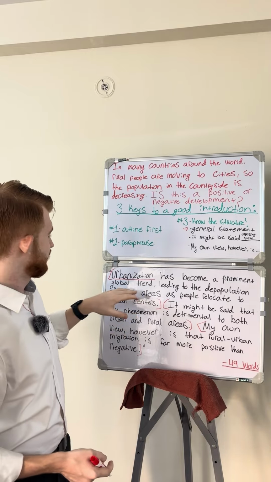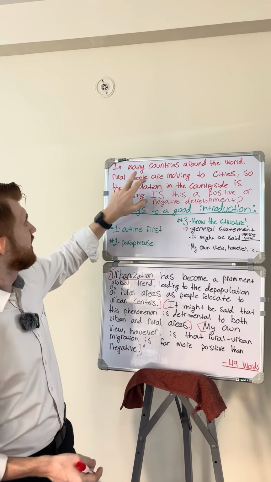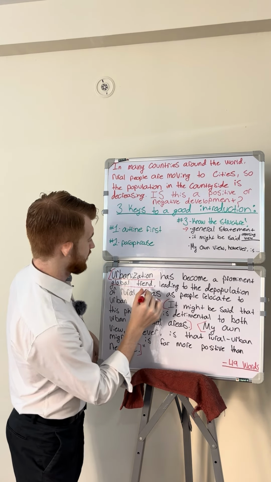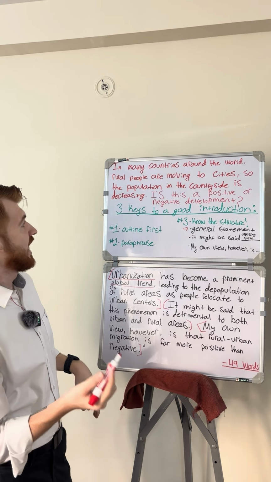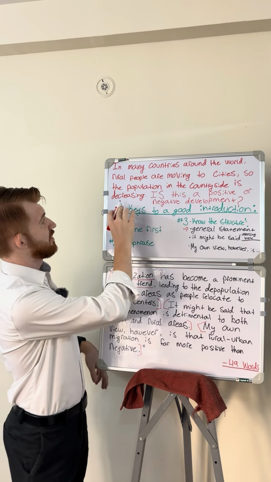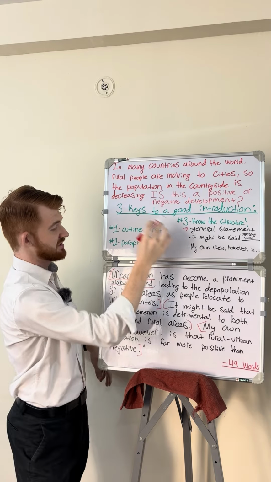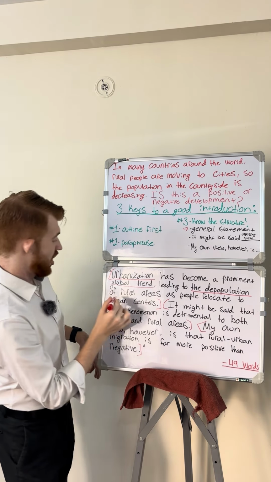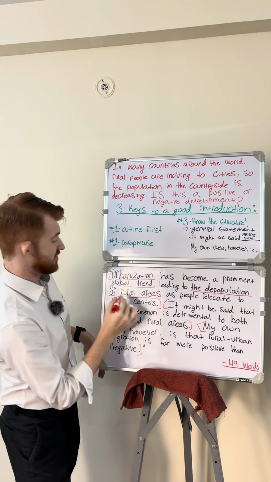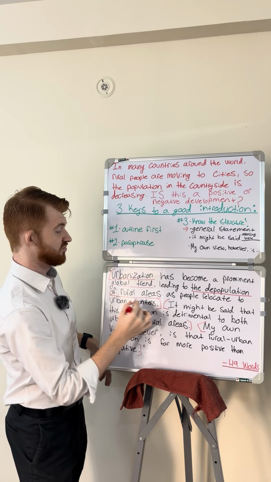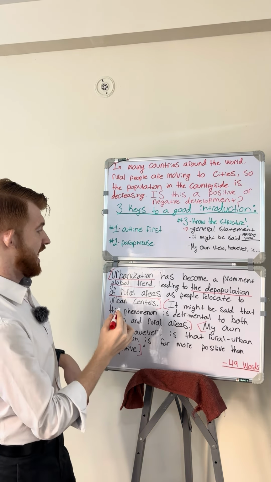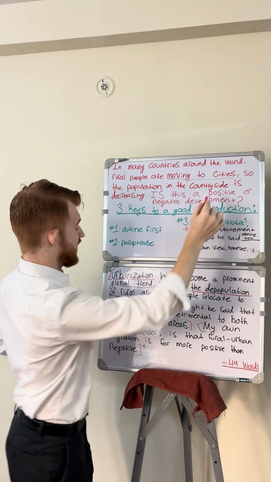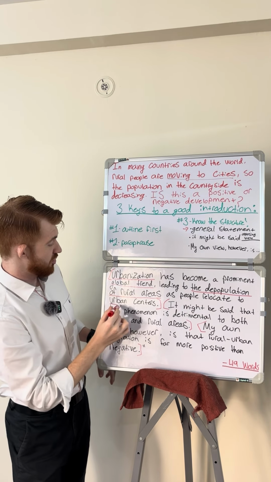Next, instead of "many countries around the world," I say it's a global trend. And instead of saying the population of the countryside is decreasing, I said the depopulation of rural areas. Also, instead of saying countryside, I said rural areas. And instead of moving to cities, I say urban centers.